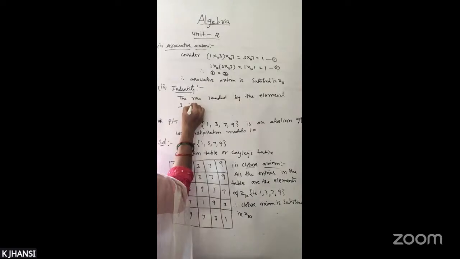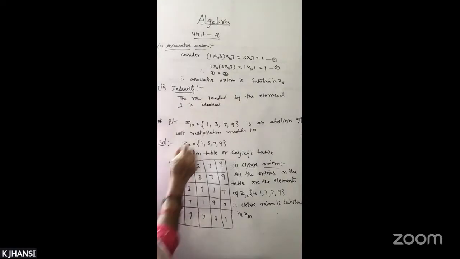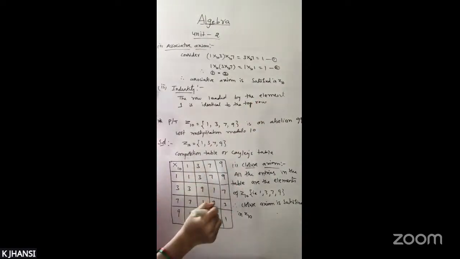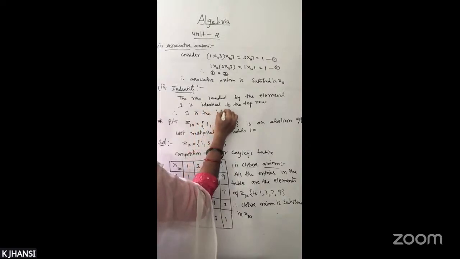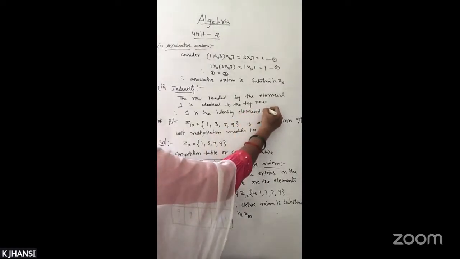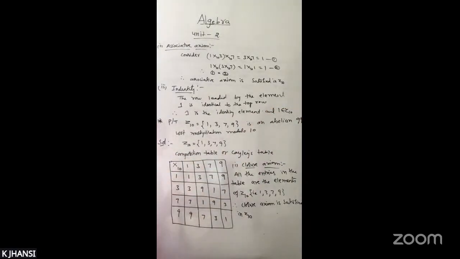Therefore, 1 is the identity element. And we know that this 1 belongs to Zn also. 1 is present in the set Zn.